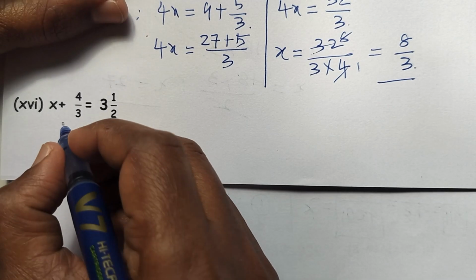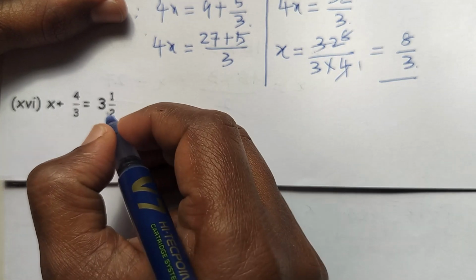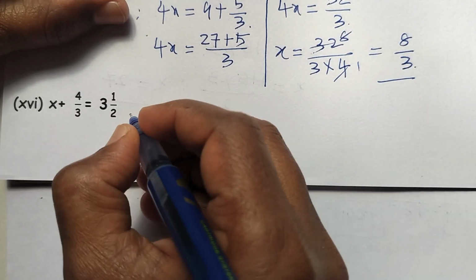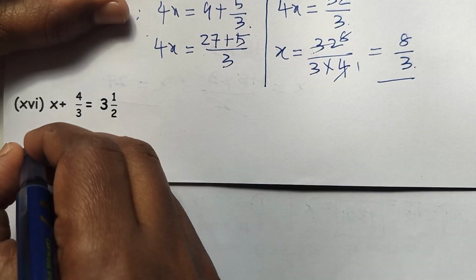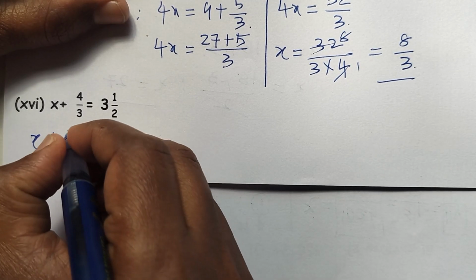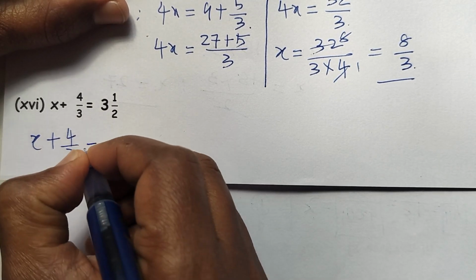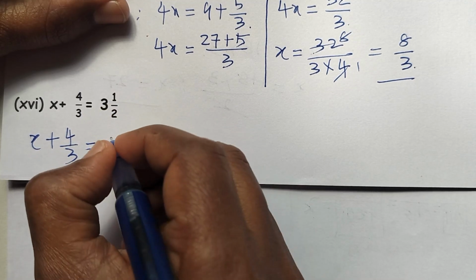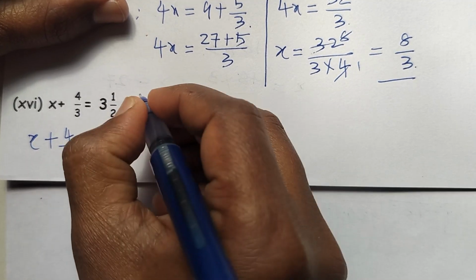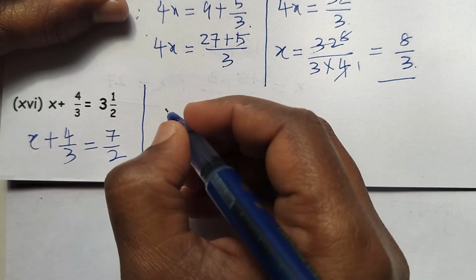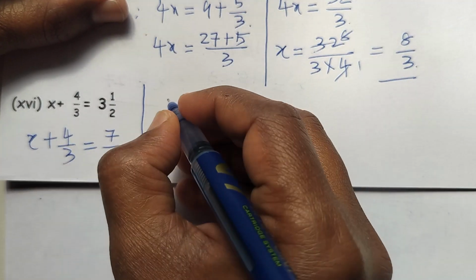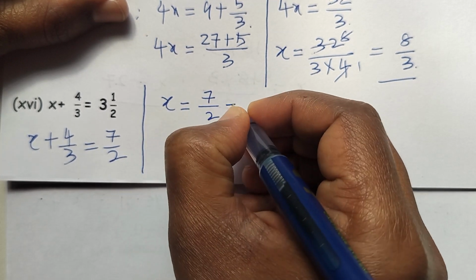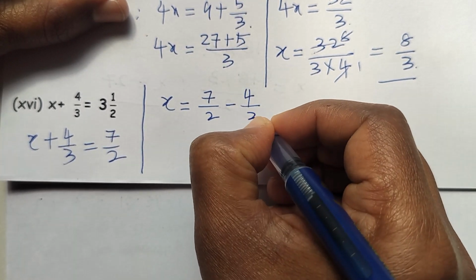Next 16, x plus 4 by 3 equal to 3, 1 by 2. So x plus 4 by 3 equal to, 3 into 2, 6 plus 1, 7 by 2. So 4 by 3 sending to RHS, then x equal to 7 by 2 minus 4 by 3.